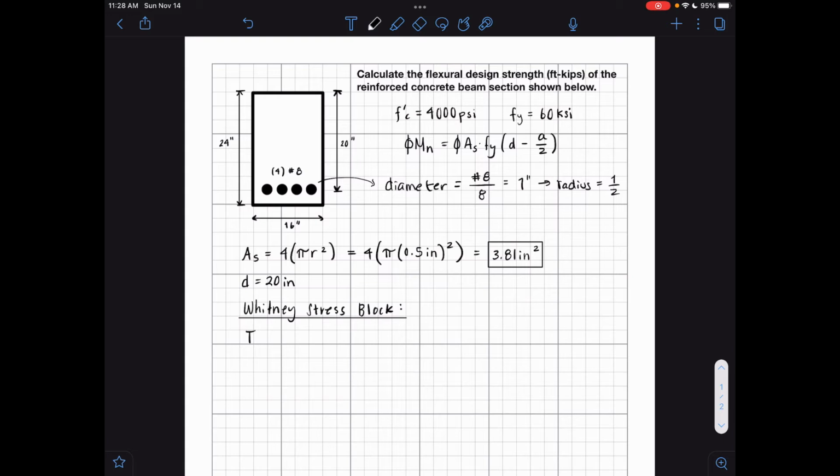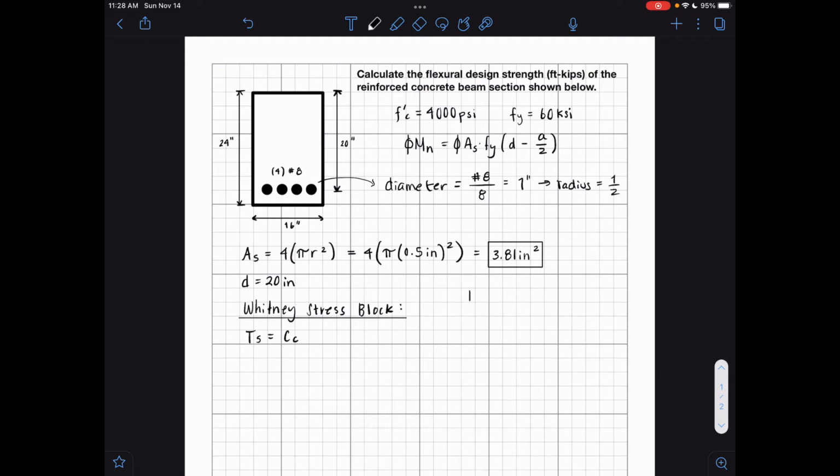This Ts is the tension force in the concrete section, and this is the compressive force in the concrete section. So we can equate Ts and Cc.